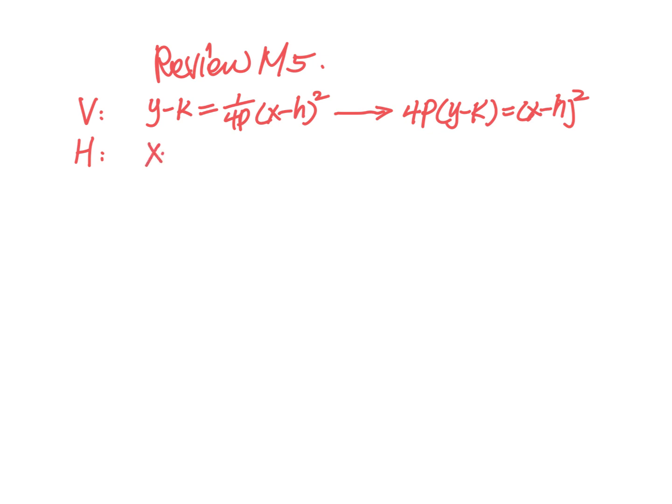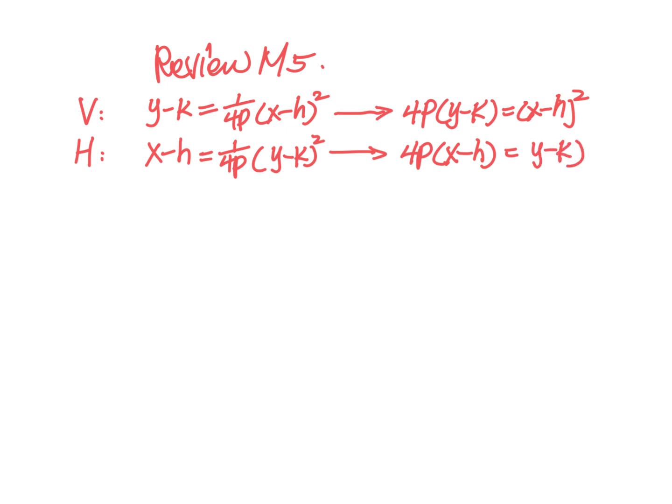So x minus h equals 1 over 4p times y minus k squared. It could also be written as 4p times x minus h equals y minus k squared.